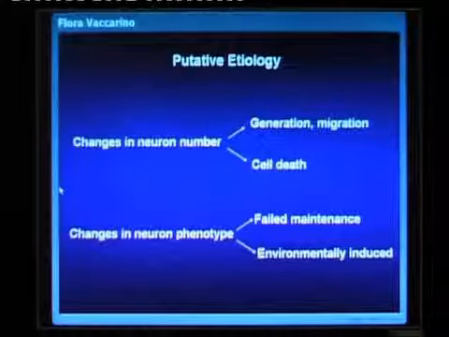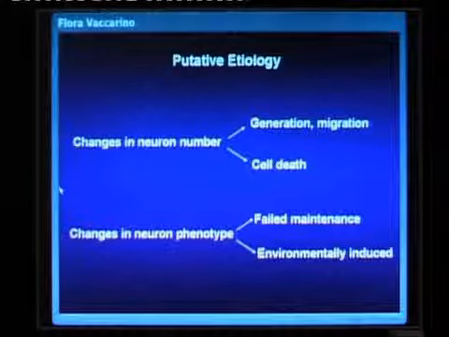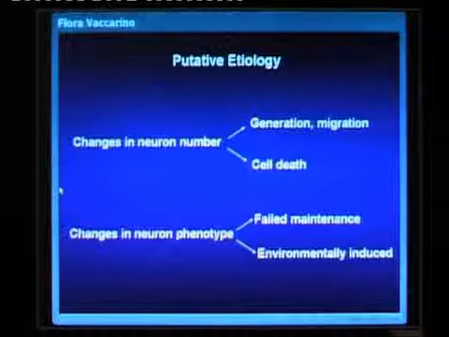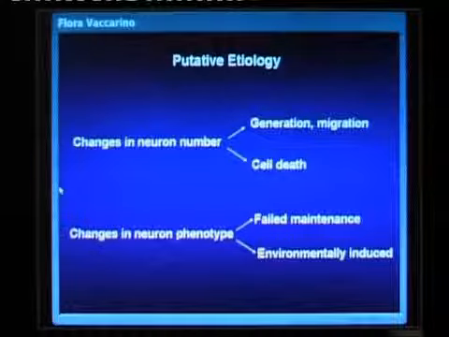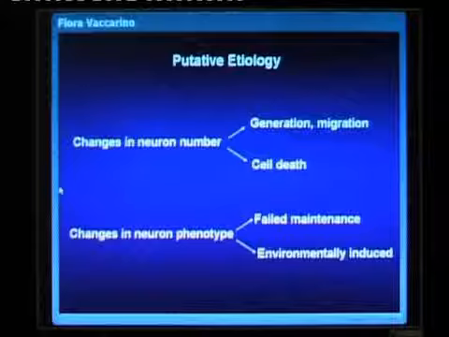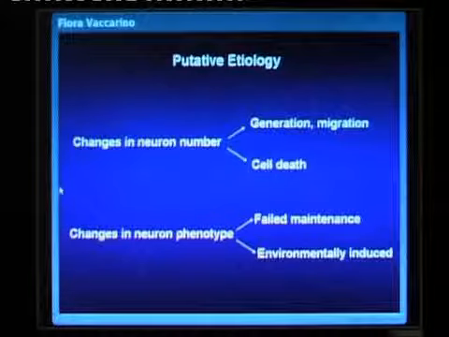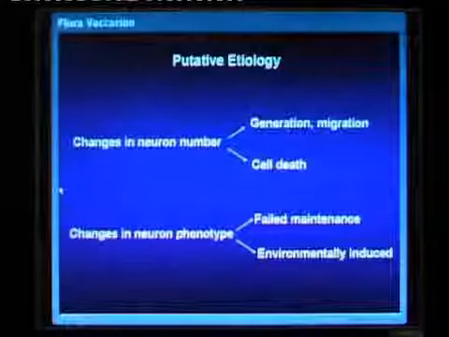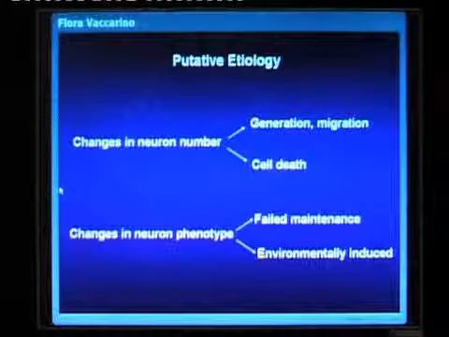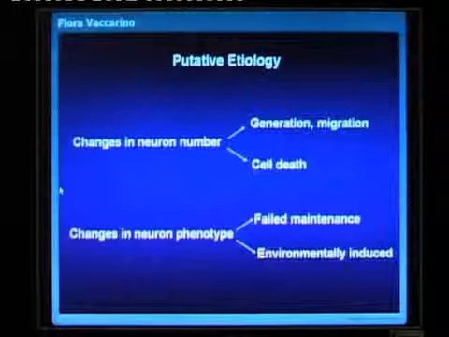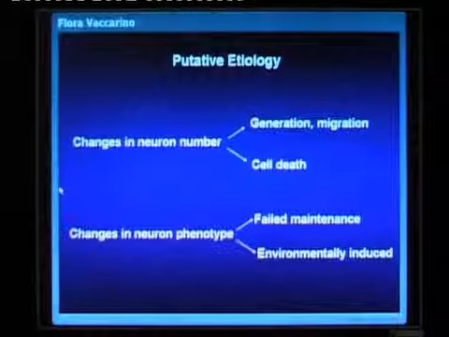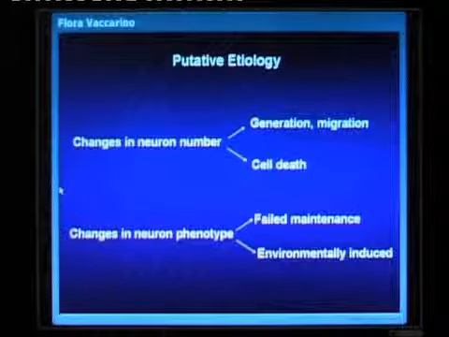In terms of the etiology, why do we have these changes? Well, there could be developmental changes in neuron number due to alterations in their generation, in their migration, or maybe they died. We know that one of the factors that can affect the etiology of Tourette's is perinatal hypoxia, and parvalbumin neurons, and cholinergic, particularly parvalbumin neurons, are very sensitive to hypoxic insults.